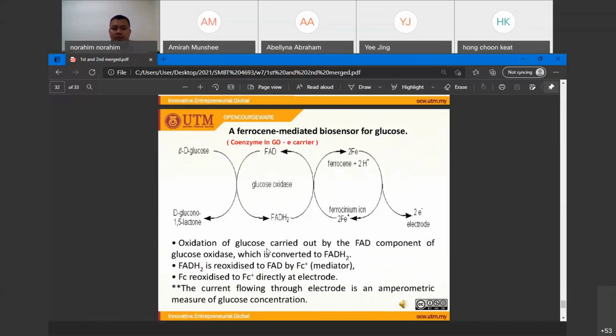So oxidation of glucose is carried out by the FAD component of glucose oxidase, which is then converted to FADH2. Then FADH2 is reoxidized to FAD by your mediator. Your ferrocene is then reoxidized directly at the electrode. So the current flowing through the electrode is an amperometric measure of glucose concentration. Because you want to detect glucose concentration, you get the signal in the form of current. That is why we call it amperometric.